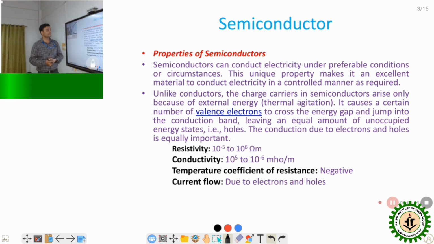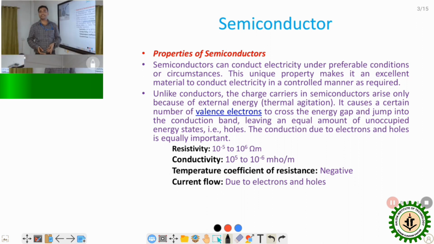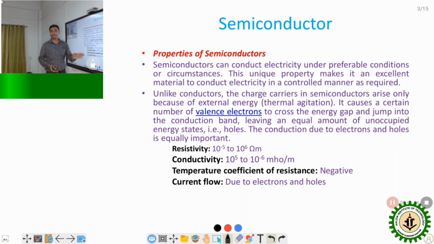A few properties are its conductivity, resistivity, temperature coefficient, and current flow. The resistivity of this type of semiconductor is in the range of 10 to the power minus 5 to 10 to the power 6 ohm meter. That is the range of semiconductor. Conductivity is 10 to the power 5 to 10 to the power minus 6 mho per meter.